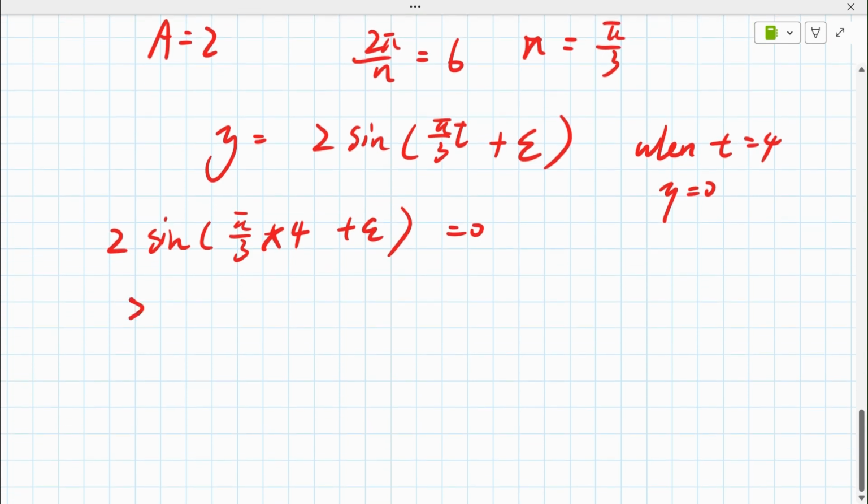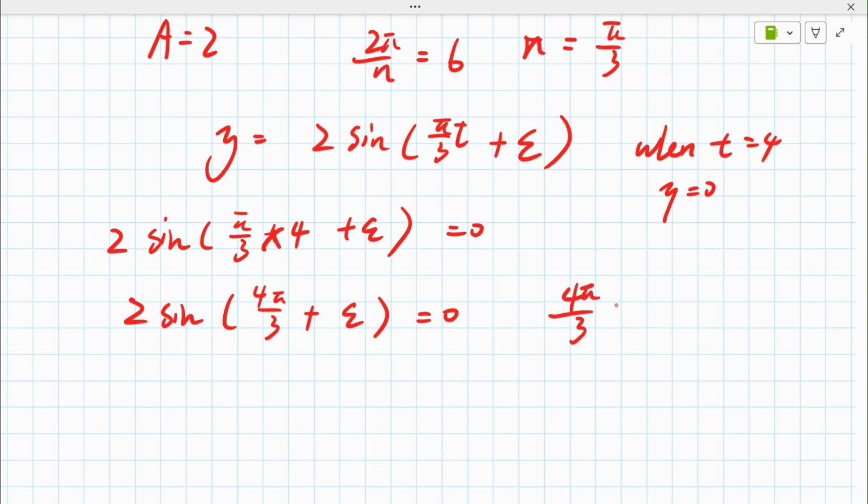So 2 sine of 4 pi over 3 plus phi equals 0. Because sine equals 0 at pi, 2 pi, 3 pi, so n pi, we can say 4 pi over 3 plus phi equals pi, 2 pi, or n pi.